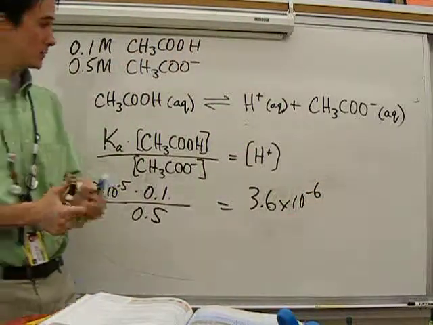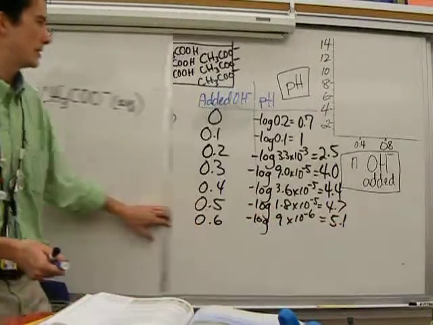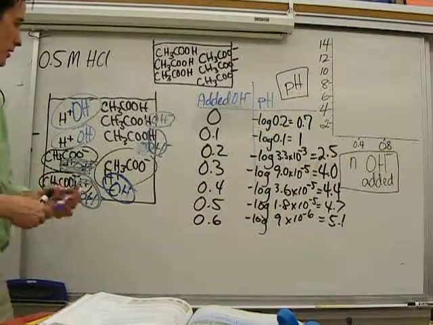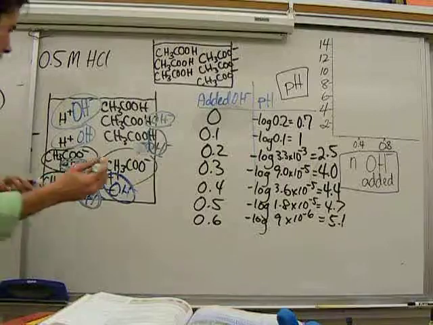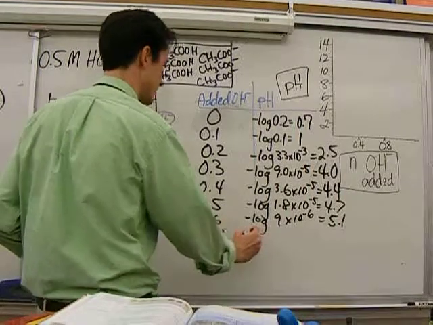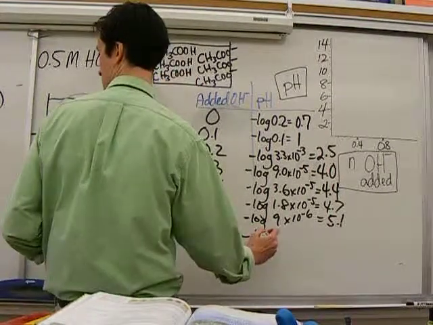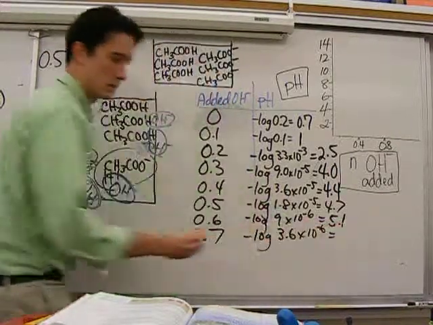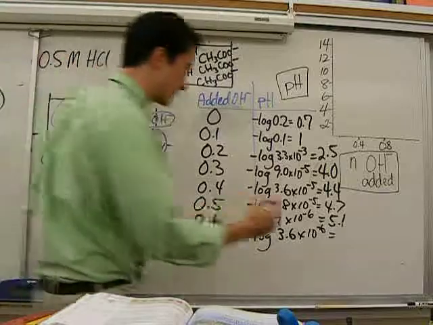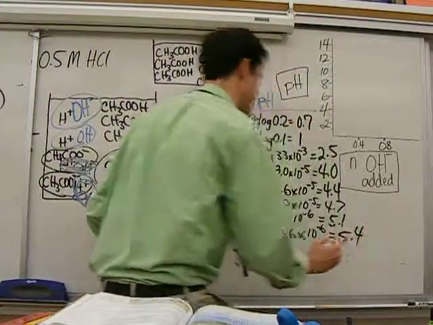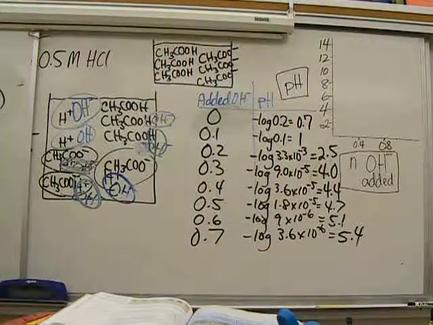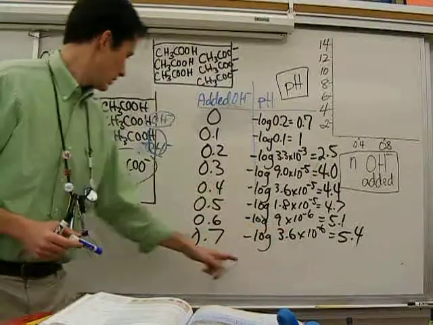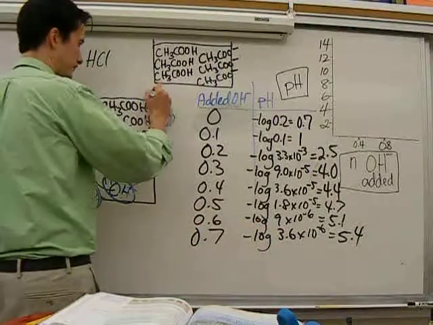It should be going down because we have less acetic acid there. We are neutralizing it. So after 0.7, that's 5.4. So let's add one more.